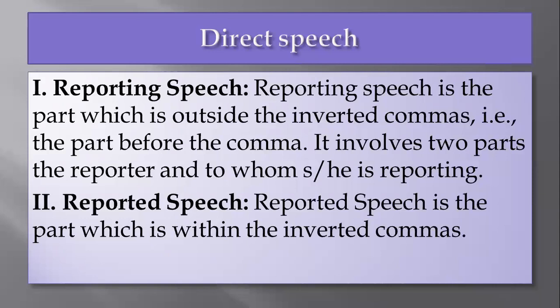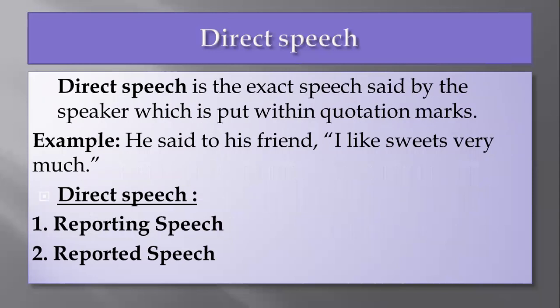Dear cadets, let's go to our previous slide in order to be clear about reporting speech. See, in the sentence, he said to his friend. Here, you can find two parts. First, he, and the second part is his friend. That is, he is the person who is addressing his friend.